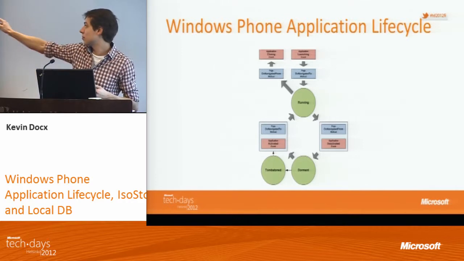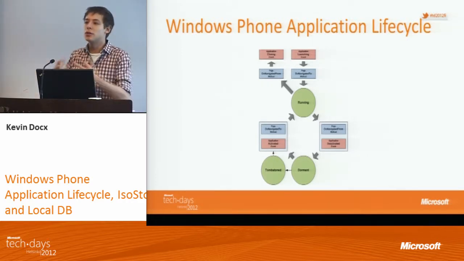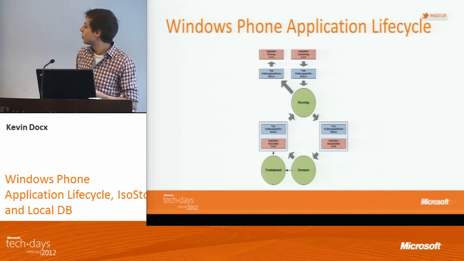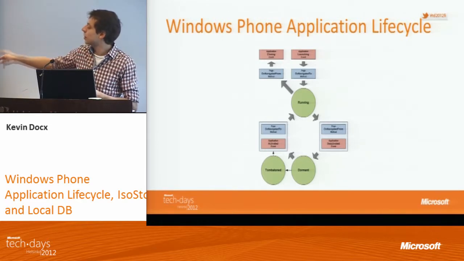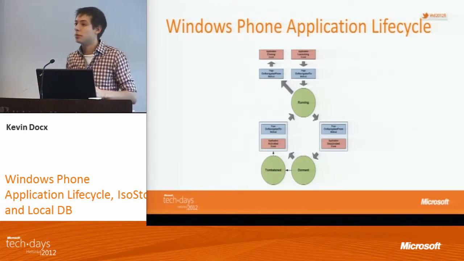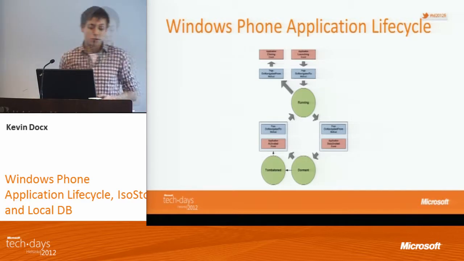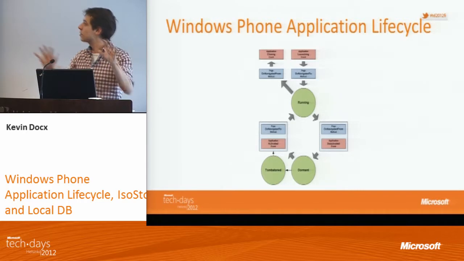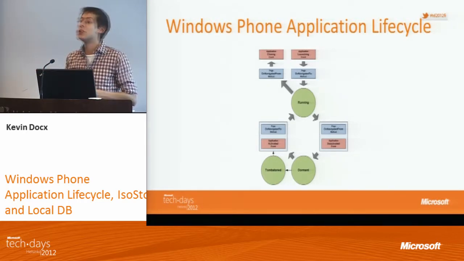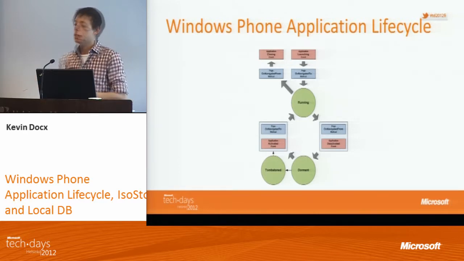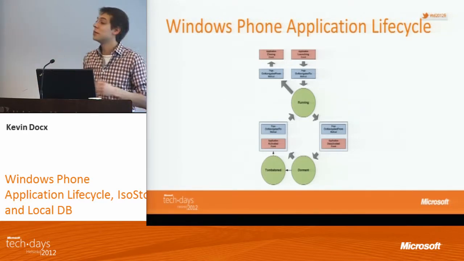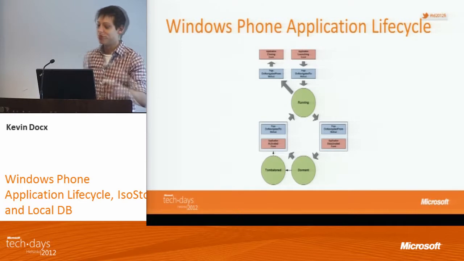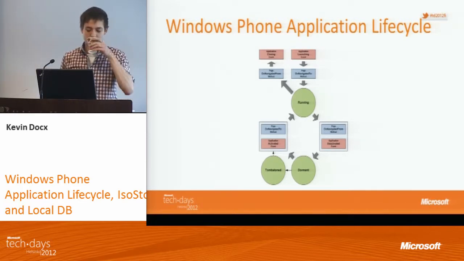The same logic should happen in the closing event as what happens when you get deactivated, and take into account that your app can be totally removed from memory. That's probably the most important slide of my slide deck, which explains the 3 different states you can end up in and how you can end up in them. I will, of course, explain this in the demo in a few minutes, so everything becomes a little more clear.